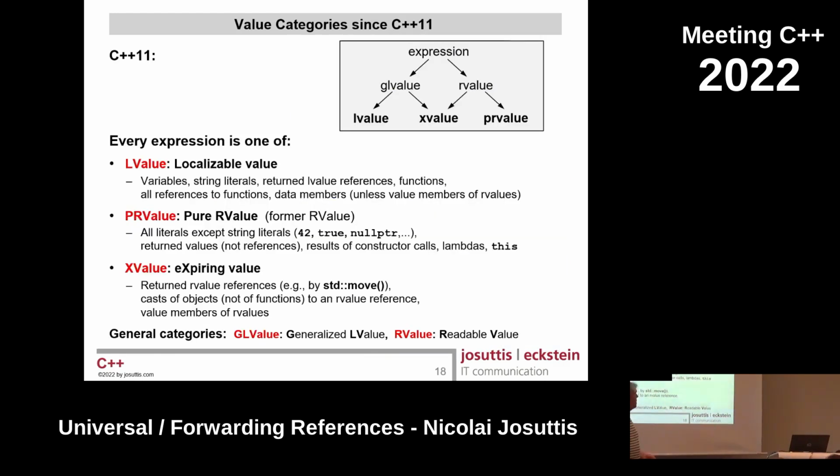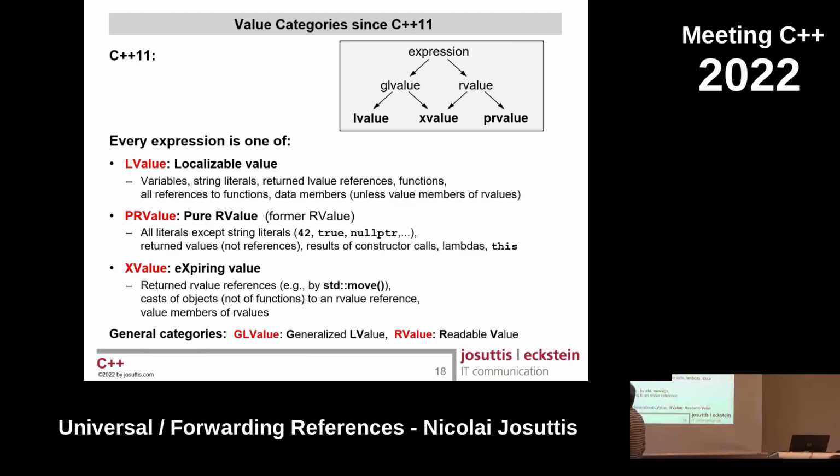Okay. So this is what we have now as a rule in C++. In any expression in the program, when you compile it, it is either an L value, an X value, or a PR value. If it's an L value, it is a locator value. That means roughly you can deal with the address of the object in the program.